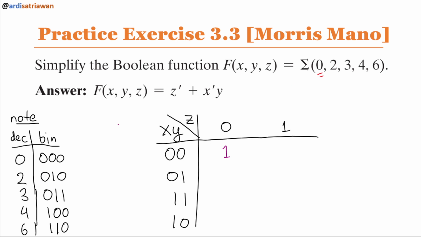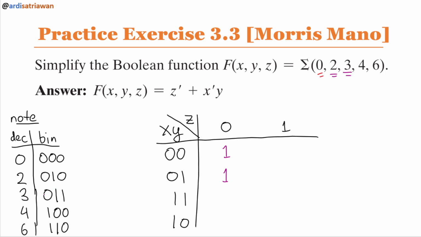Now for 2, we will have 0, 1, 0. We put 1 here, because this is the minterm of 2.